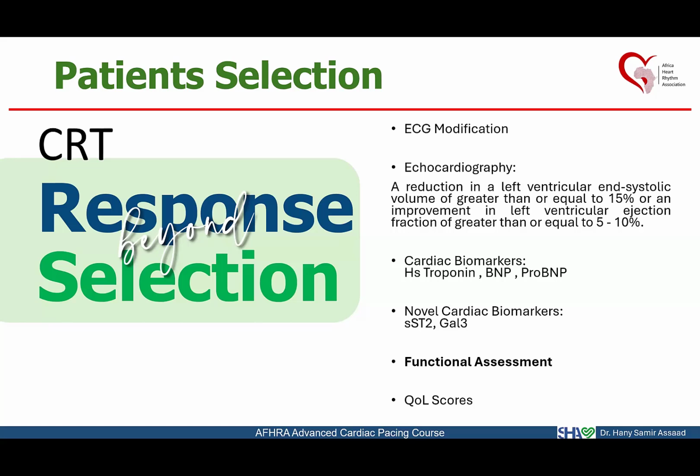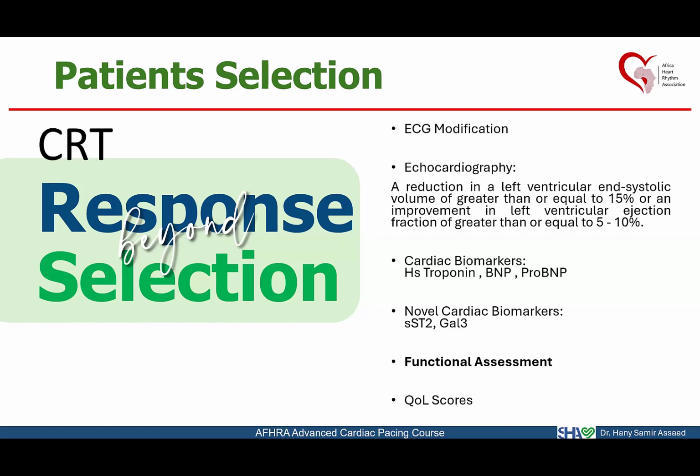But in broad terms, we are looking for ECG modification in order to evaluate the response to the CRT. We are looking at echocardiographic parameters, like the reduction in the left ventricular end systolic volume of greater than or equal to 15%, or an improvement in the left ventricular ejection fraction of greater than 5 to 10%.